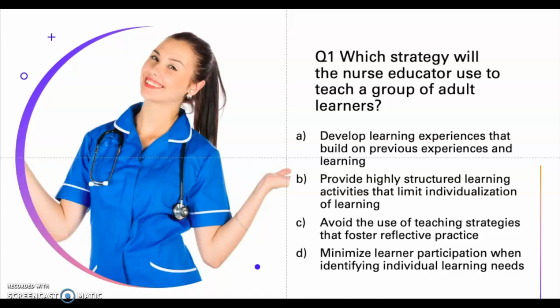C. Avoid the use of teaching strategies that foster reflective practice. D. Minimize learner participation when identifying individual learning needs. So the correct answer, take a moment and think about it. The correct answer for this question is to develop learning experiences that build on previous experiences and learning.